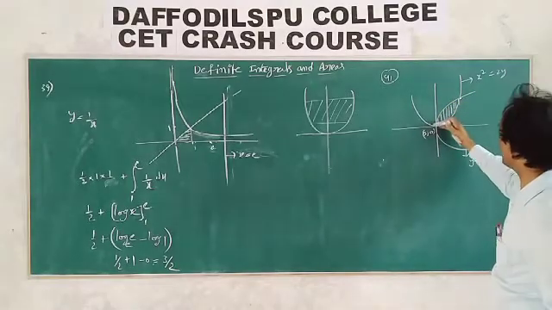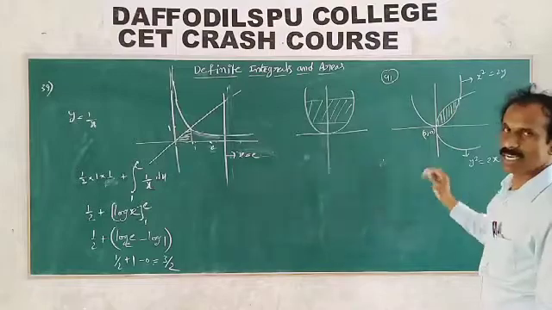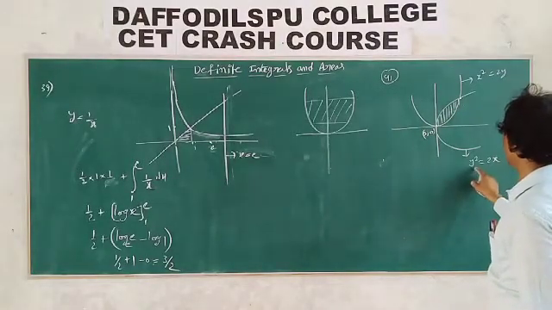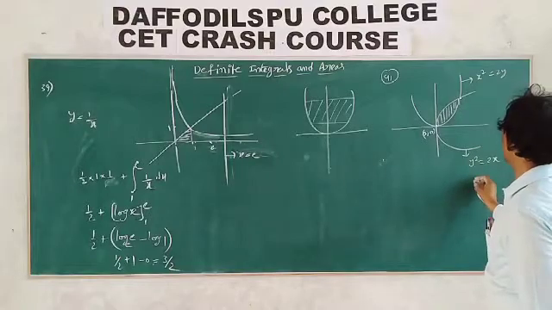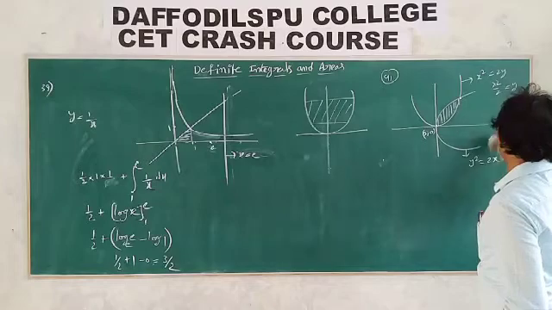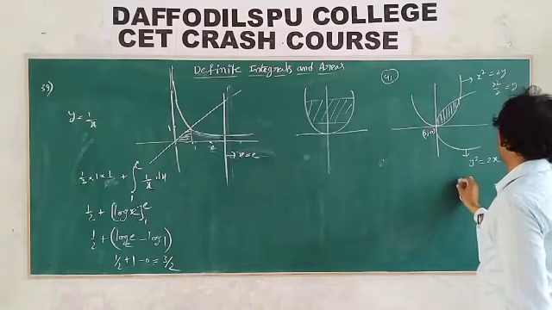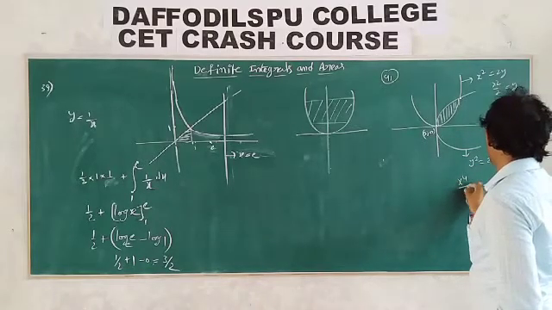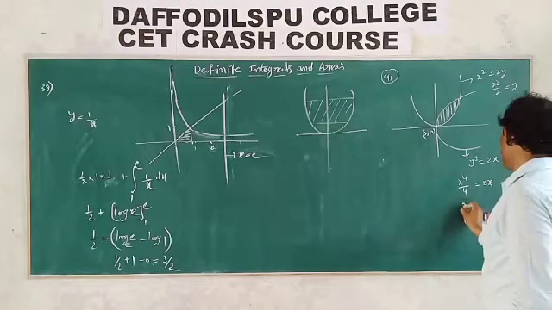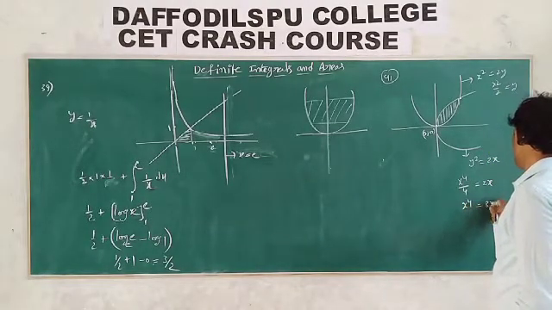Okay. Either the y-axis side or the x-axis side, you can get it, no problem. In place of y square, you take x square by 2 is equal to y. Therefore, y square is equal to x power 4 by 4 is equal to 2x. Therefore, x power 4 is equal to 8x.